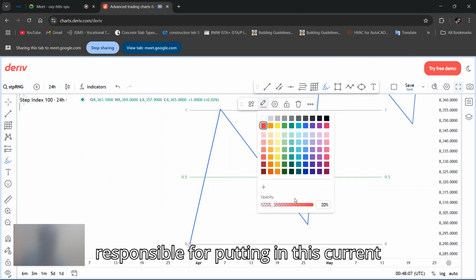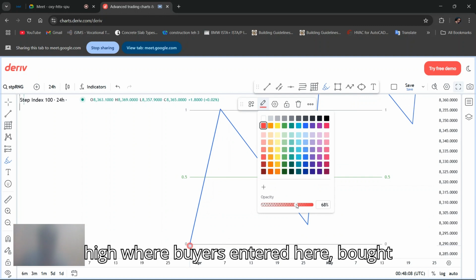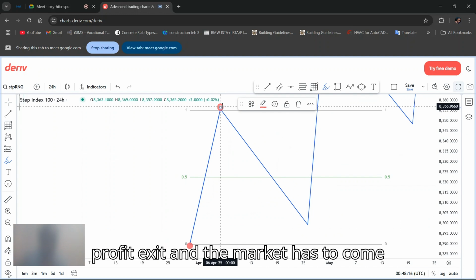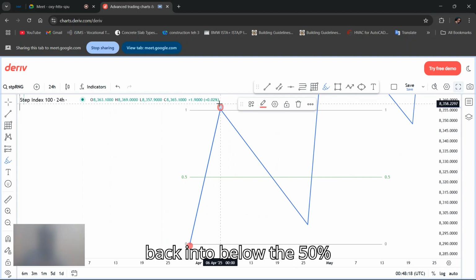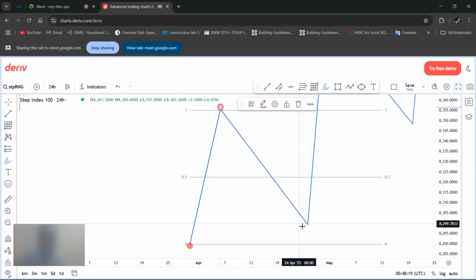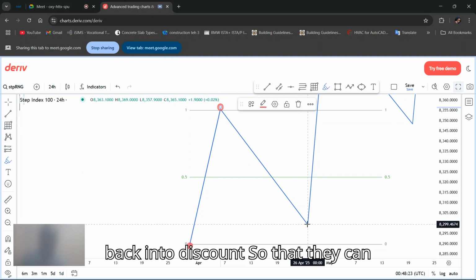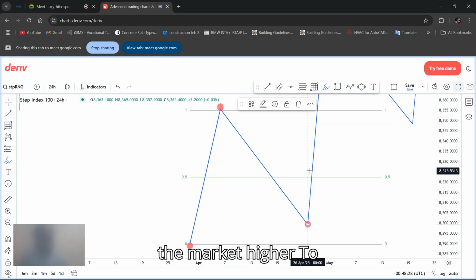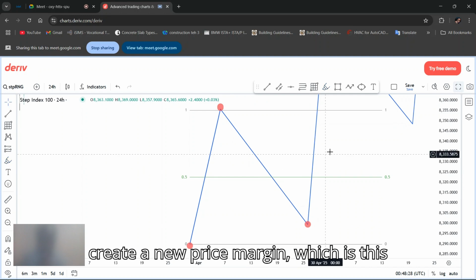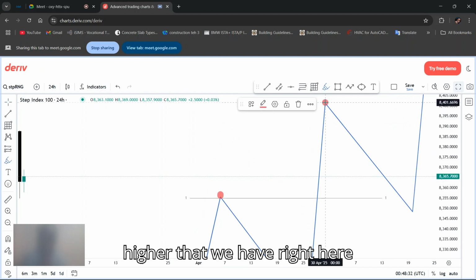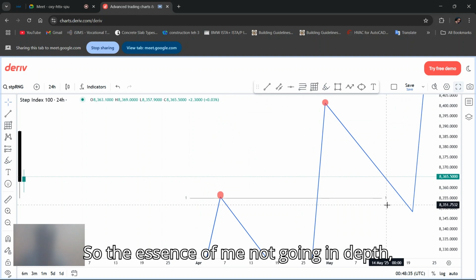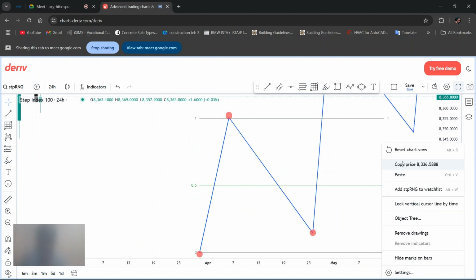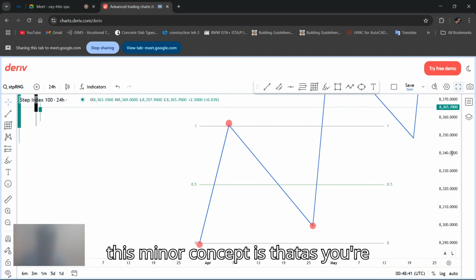This low is responsible for putting in this current high, where buyers entered here, bought the market up to a higher price, made a profit, exited, and the market has to come back below the 50%, back into discount, so that they can look for an entry again to buy, to push the market higher, to create a new price margin, which is this higher zone that we have right here.